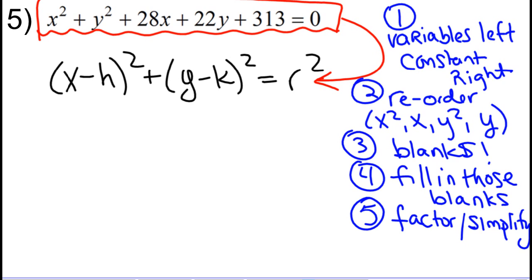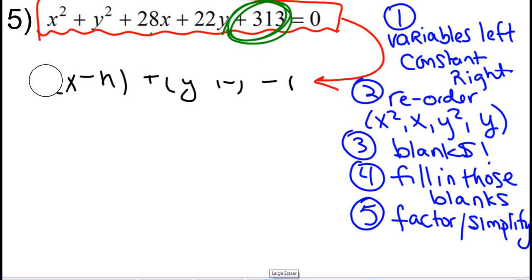So all we have to do then is go through steps 1 through 5, and we'll work through it for problem number 5, and then I'll probably do another video and do another problem off your homework. The very first thing I see is that this 313 is not where it's supposed to be. I've got x squared, y squared, 28x, and 22y, so I have all of my variables on the left, but the problem is I still have that constant on the left of my equation as well.